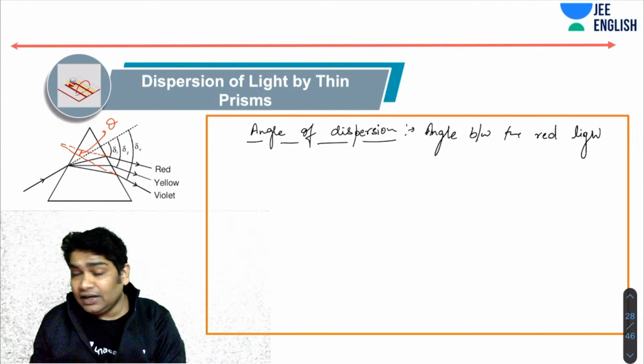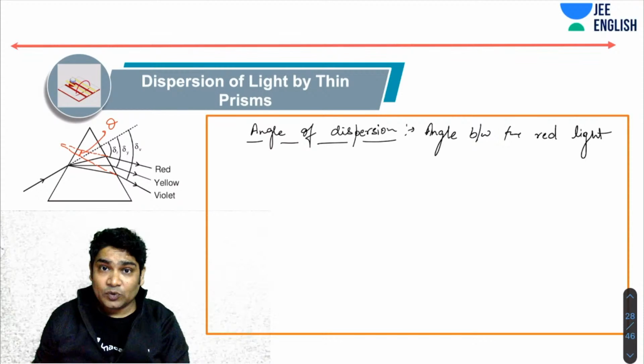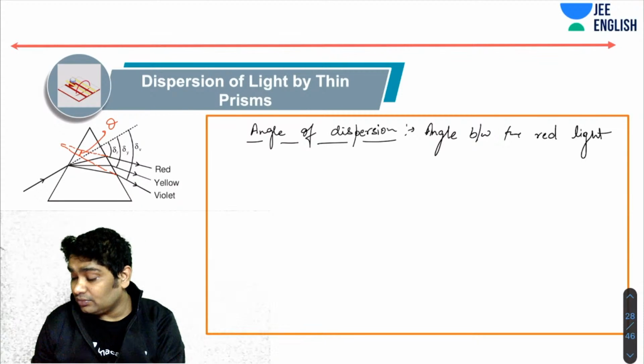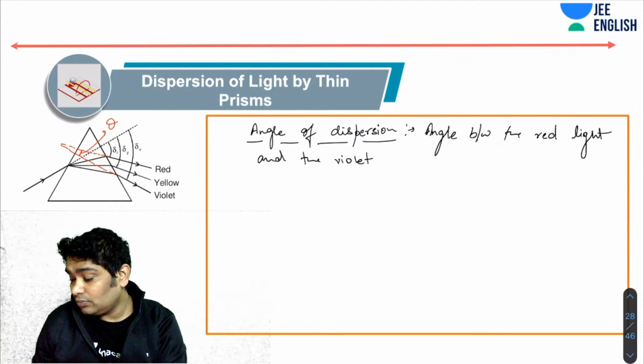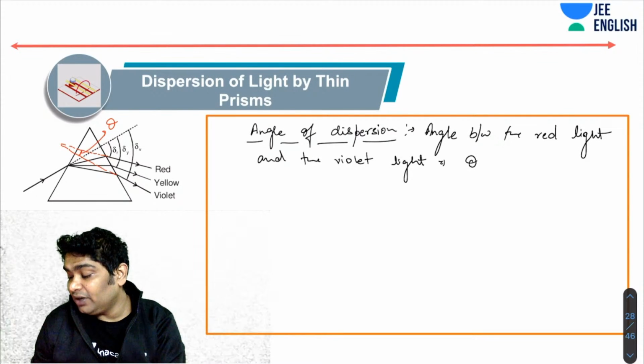That is the angle in which all the colors are spreading, so that is why it is called the angle of dispersion. So theta would be nothing but delta V minus delta R.